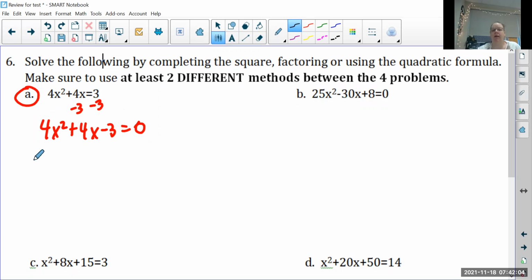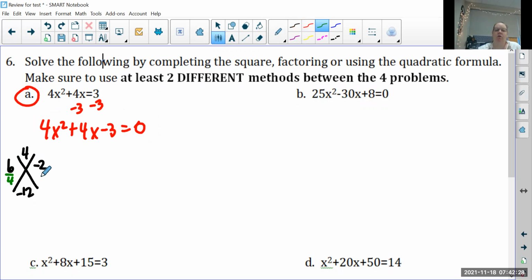If you did slide and divide, you would get negative 12 in the bottom and 4 on the top. And you're looking for two numbers that multiply to negative 12 and add to 4. Those two numbers would be 6 and negative 2, because 6 times negative 2 is negative 12. 6 plus negative 2 is 4. And then don't forget, once you do that, you need to divide by 4.